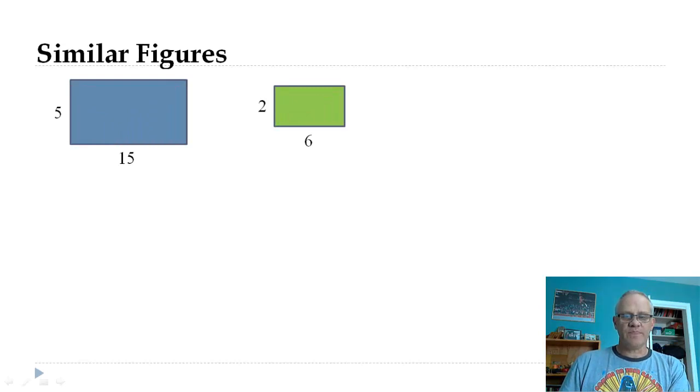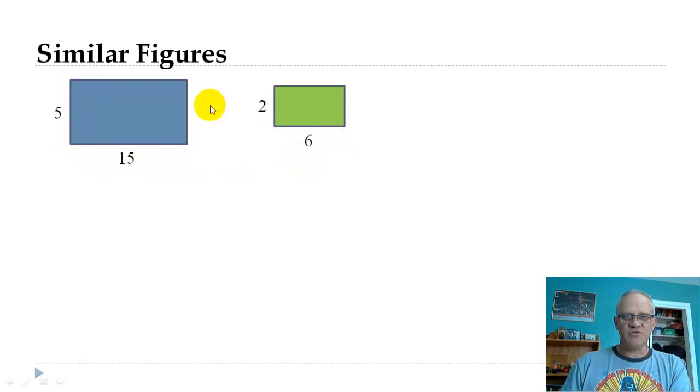Okay, so let's start out with similar figures. Remember we talked about similar figures before. What similar figures have in common is they're the same shape, but they're different sizes. That's the key thing. If we look at the sides, in this case, this side that's 2 matches up with the side that's 5, and this 15 matches up with the 6.